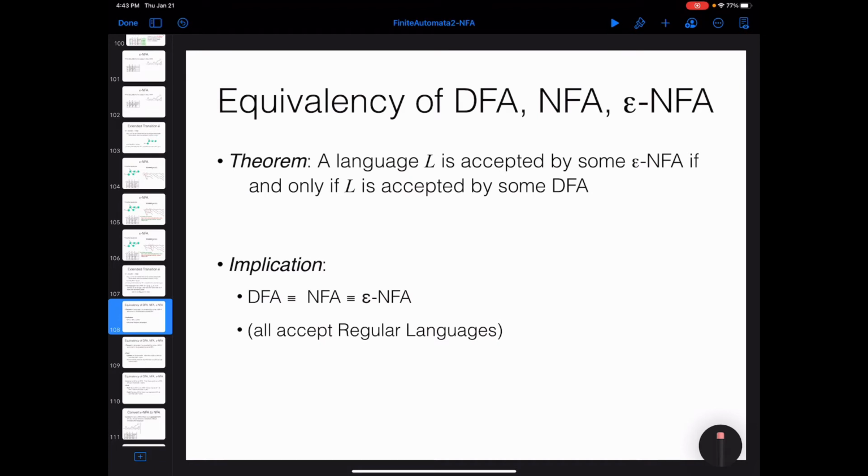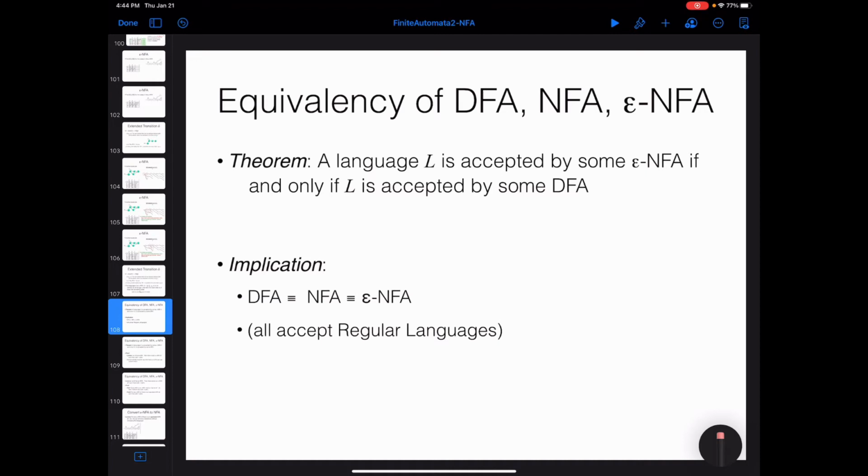Epsilon transitions are basically just going to make designing a finite state machine easier. Just like NFA and DFA, which have exactly the same computational power and are equally expressive, epsilon NFA is going to be equivalent to NFA and DFA. If you can create an epsilon NFA for a language, you can also create a DFA for that. You can also create an NFA for that.